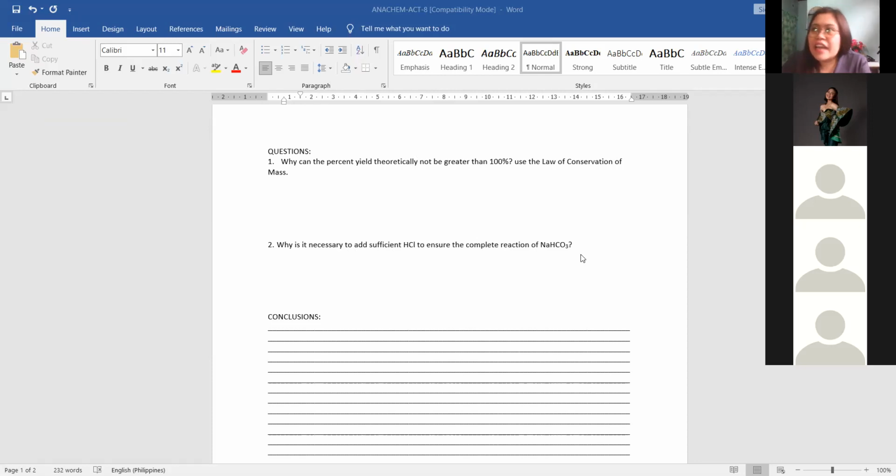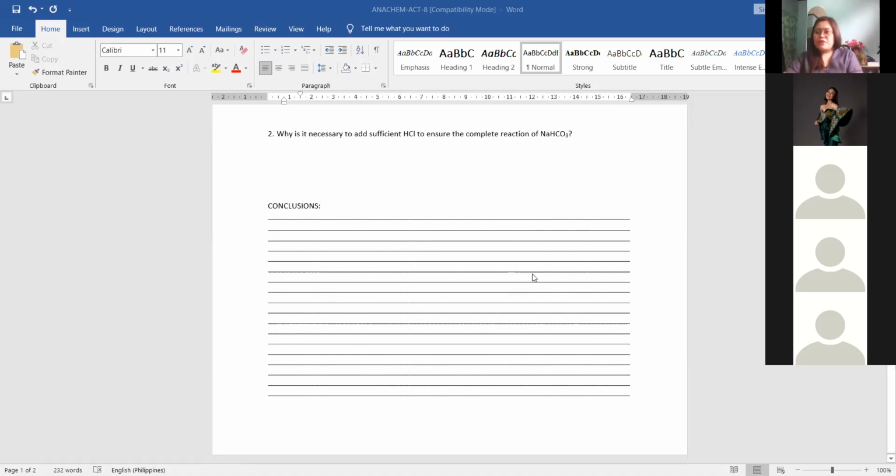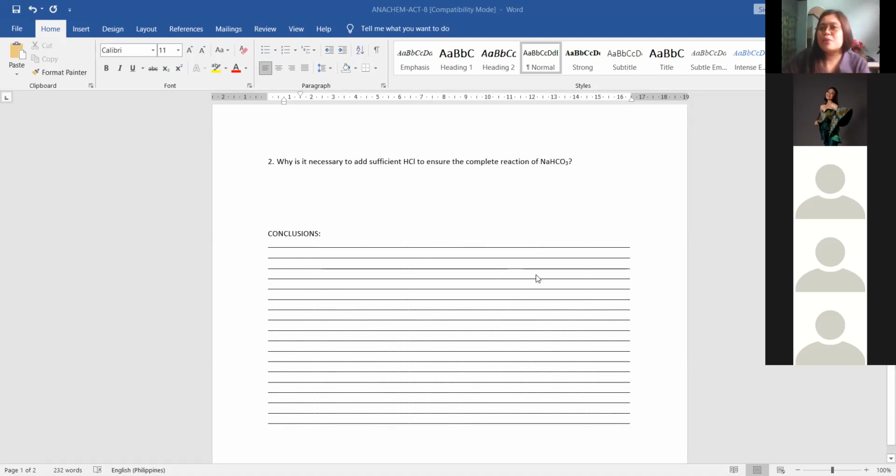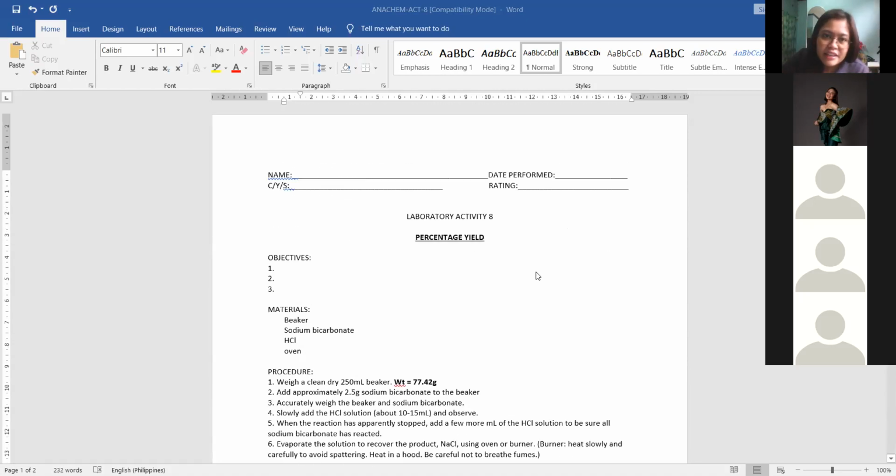So read the procedure again, and based on that, research why we have to add a sufficient amount of HCl to react with the sodium bicarb. And then you make your own conclusion based on what you have learned in this activity.